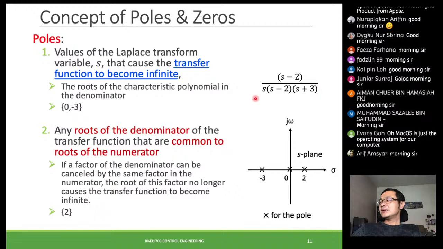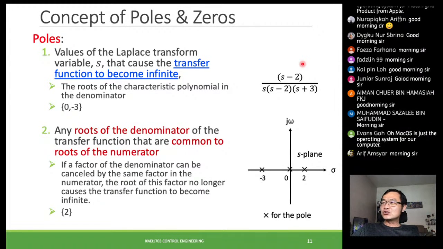In this Laplace transform, or let's say this transfer function itself, whatever values turn this into infinity, like a globe, turn into the pole side, the infinity side, we call that a pole.